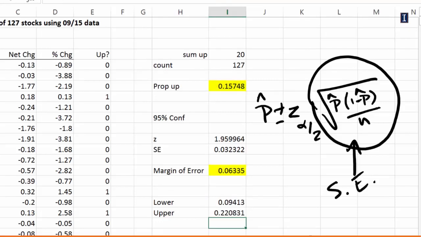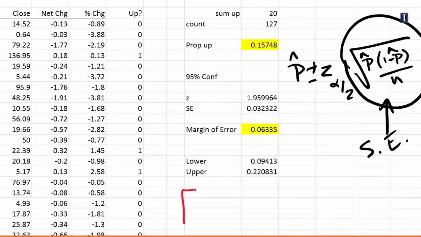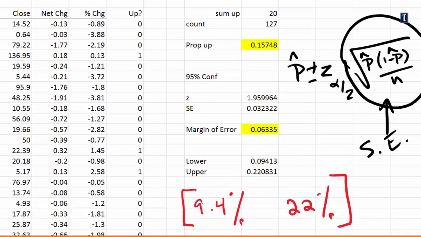If I'm going to use my portfolio as a sample, then based on what I have experienced in my portfolio, I suspect that about 9.4% to 22% is what the stock market has experienced in terms of proportion of stocks that went up on that day. And of course, in my case, my sample would have given me the right answer.